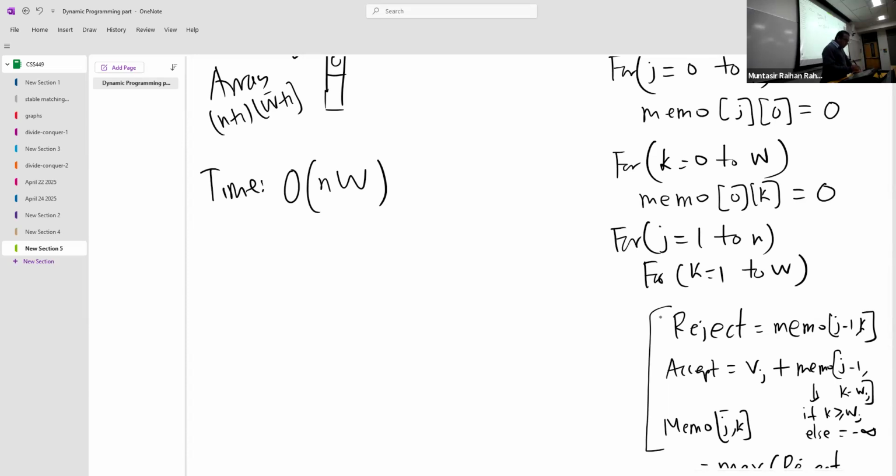And again, now here we have to think about the assumption, right? So let's say that w is not an integer, w can be an arbitrary real number. Then what happens? Well, we can't store it in an array.